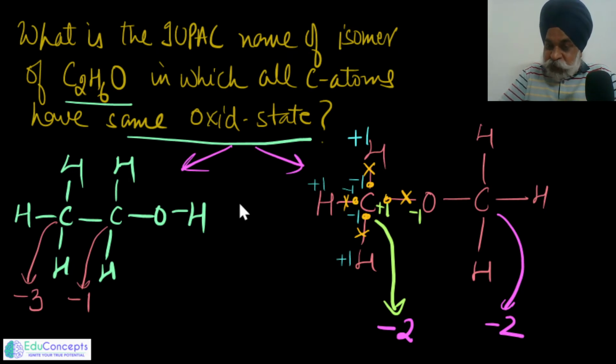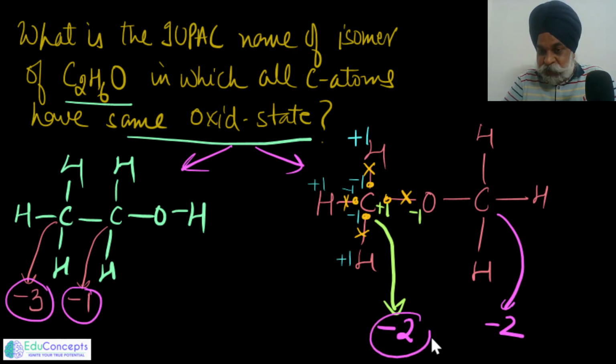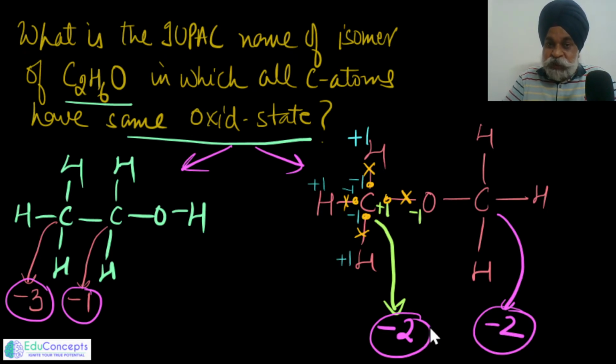Although the average oxidation state for both carbons in these two compounds is -2, if I dig deep into the structure of isomers, all the carbons may or may not have the same oxidation state. Here it is -3 and -1, but in this case it is exactly the same as the average oxidation state, and they are asking for the isomer in which all the carbons are in the same oxidation state. So which compound is it?